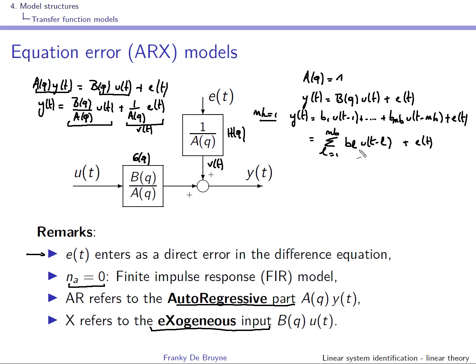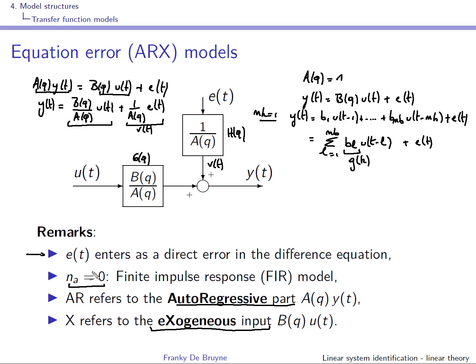You can see here, because this plays the role of the impulse response, that in the impulse response you have only nb terms. Okay, in the impulse response the element nb plus 1 will be 0, as will be all the other elements further in the impulse response.